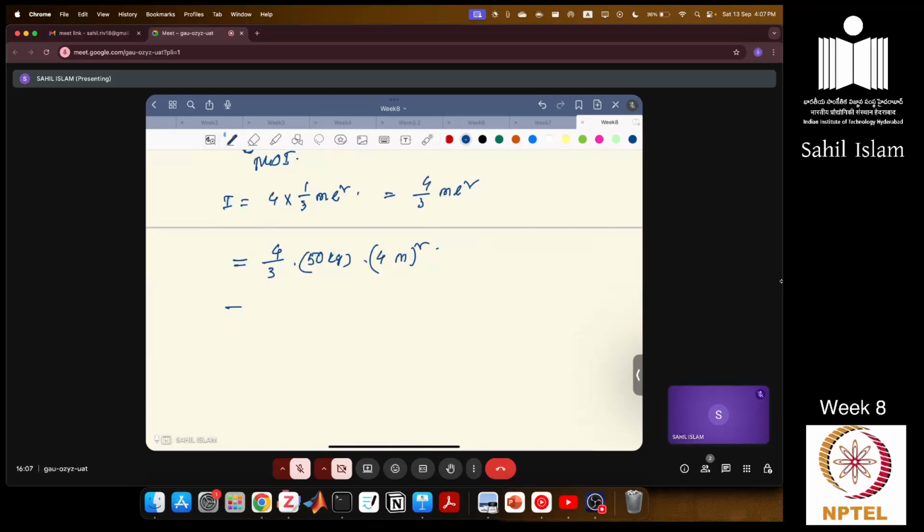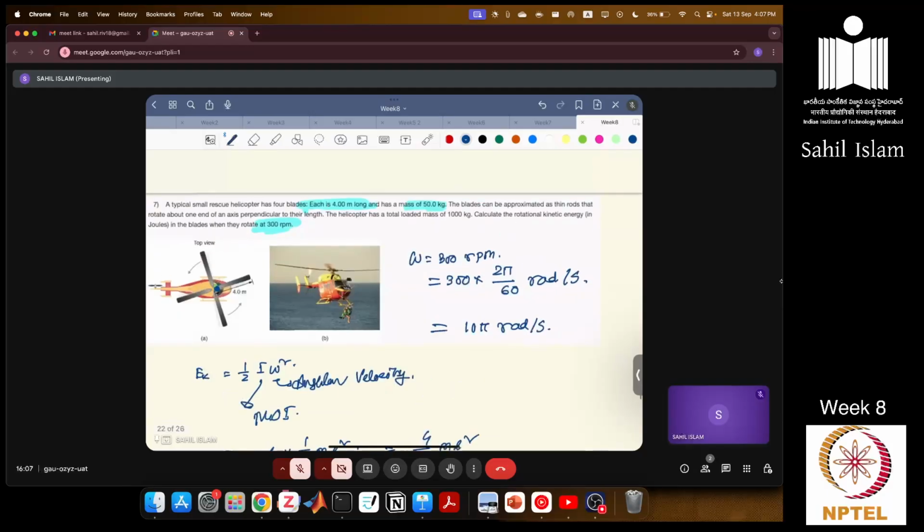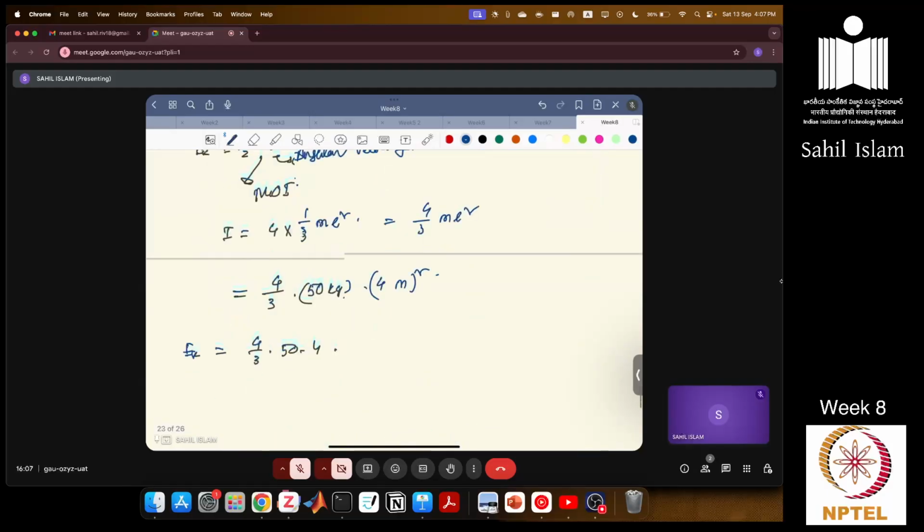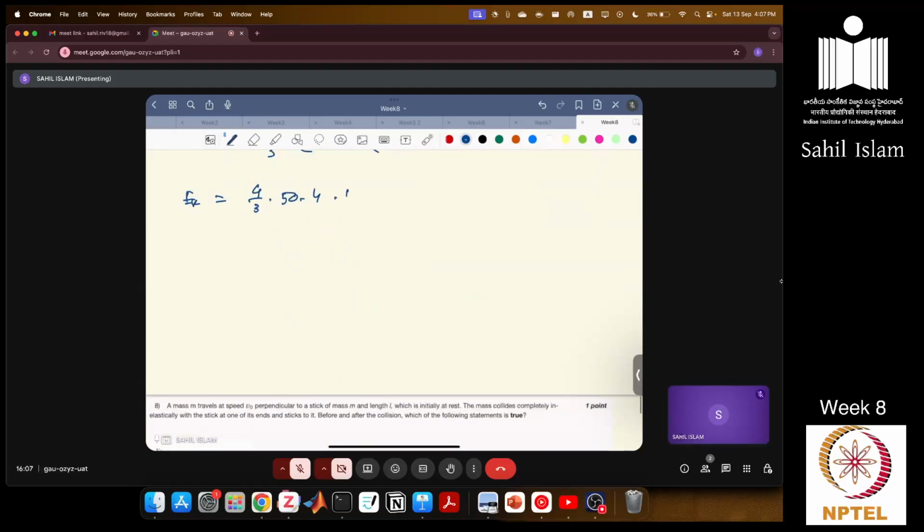So the kinetic energy becomes half I omega square. So 10 pi square. So let's calculate this.